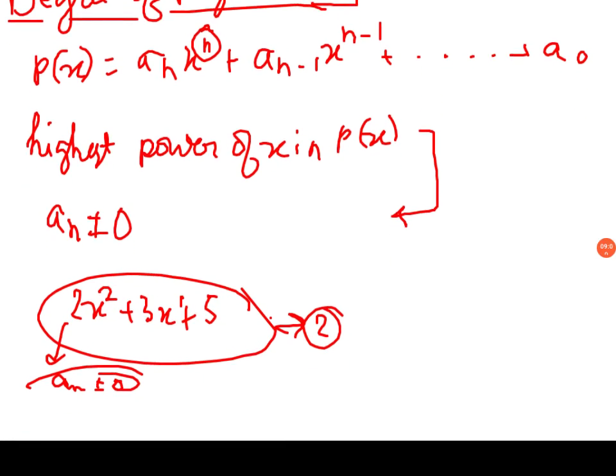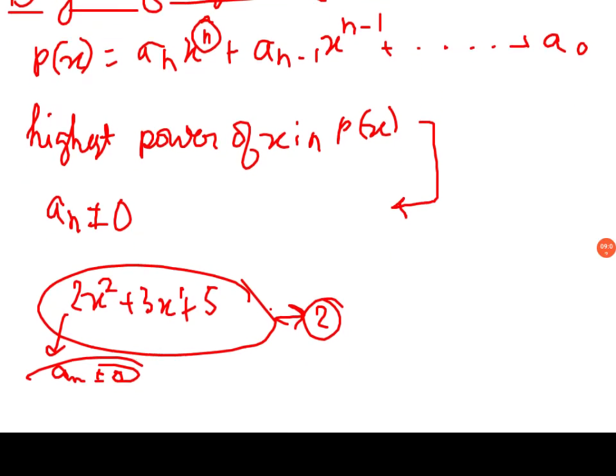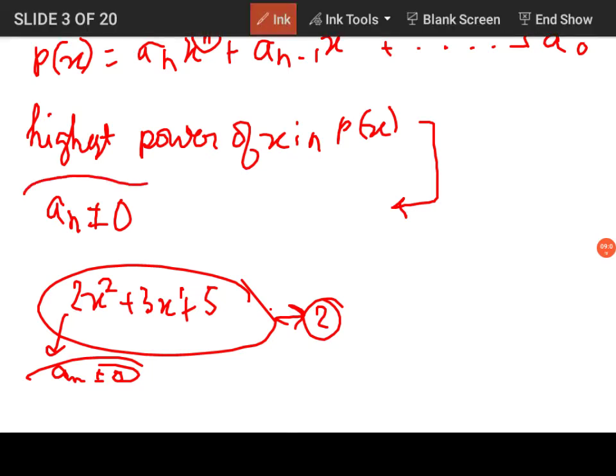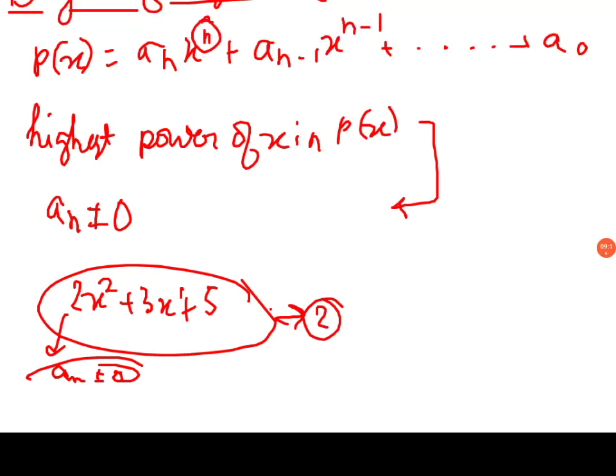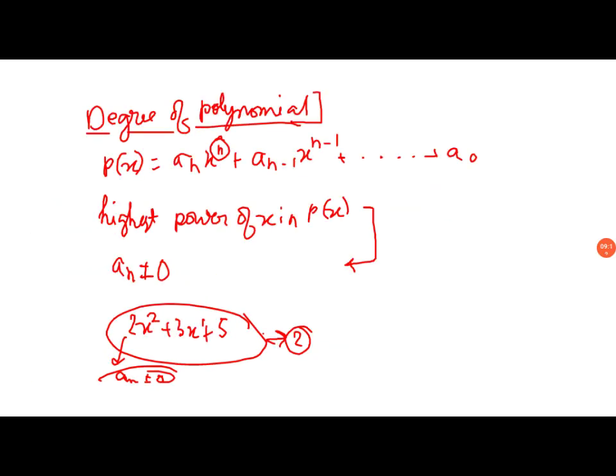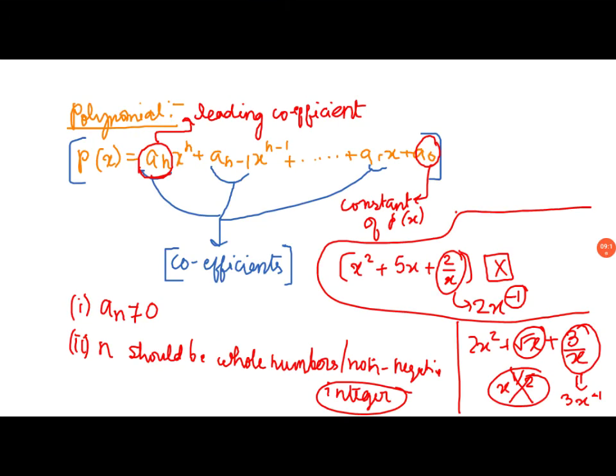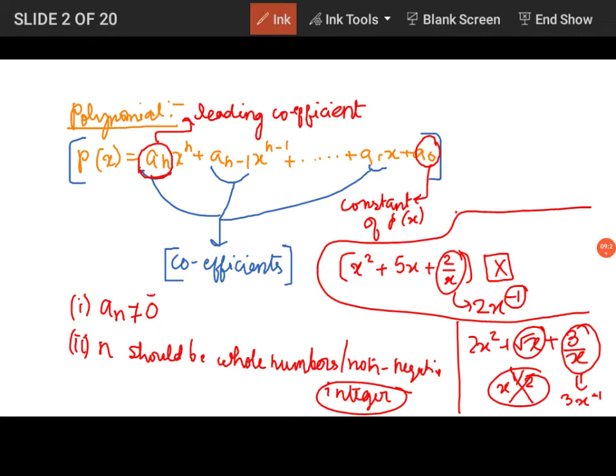These are very basic topics, all of you must have read these topics, but this condition you may not know, so I have told you this condition. Now remember this condition, okay? This also gives us the reason why we have included it here, because if a n is equal to 0, then this will no longer be a polynomial of n degree.